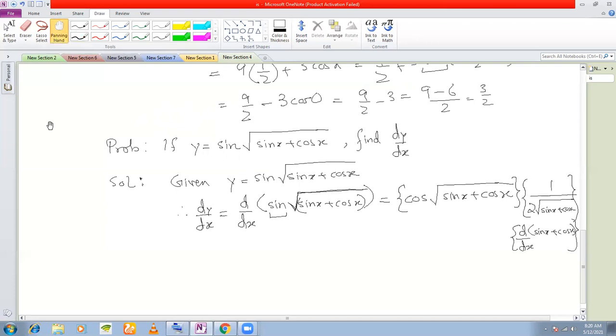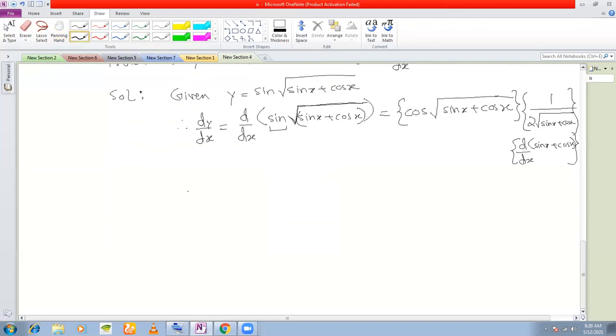Okay. So now this is cos root sine x plus cos x divided by 2 root sine x plus cos x into, now d/dx of sine x plus cos x is d/dx sine x plus d/dx cos x.